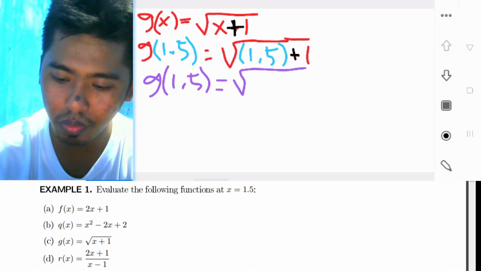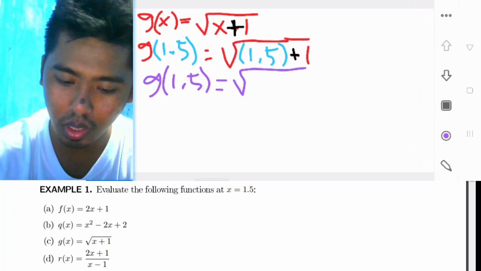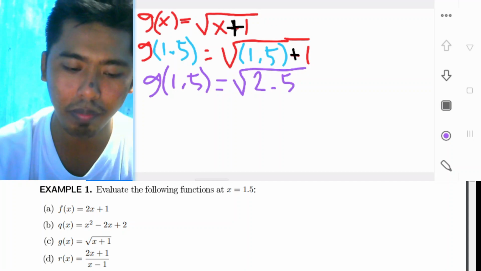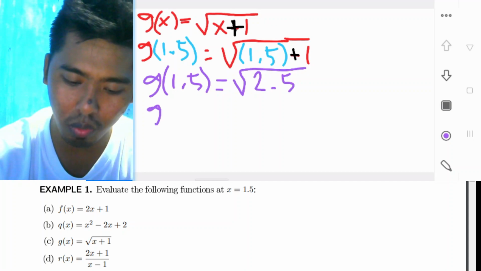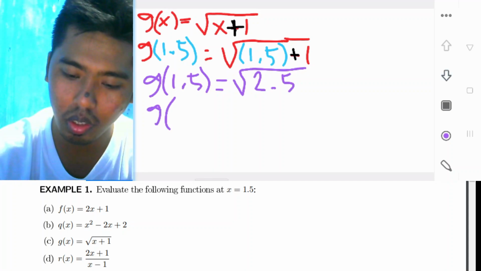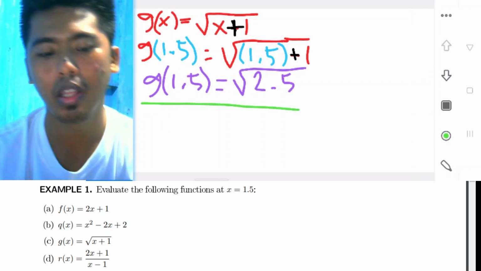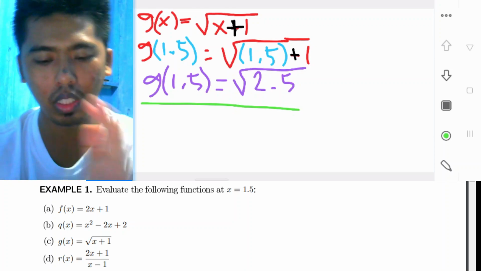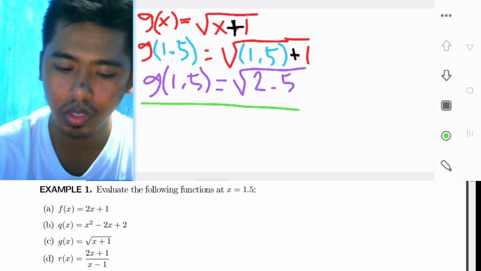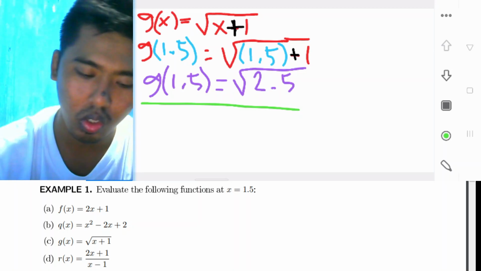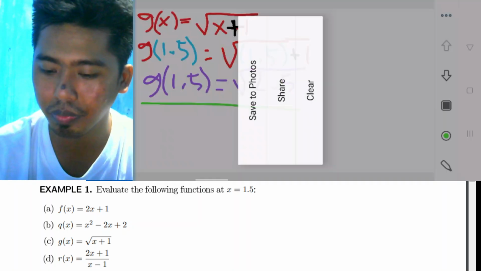Okay, so 1.5 plus 1, this would become 2.5. So g of 1.5 is equal to the square root of 2.5. Since it is the square root of 2.5, you can no longer reduce it. So that would be your final answer.